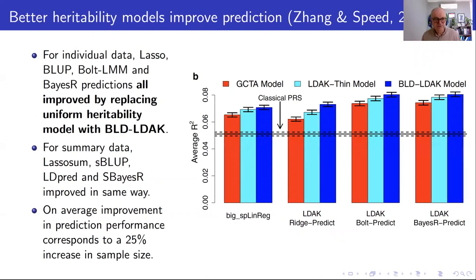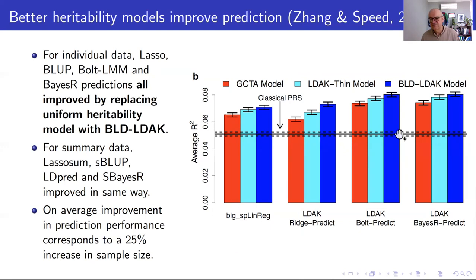And what can you do with these improved heritability models? Well, here's a recent paper from Zhang and Speed in Nature Communications, just come out. The line in the middle represents the predictive performance of a typical kind of PRS in predicting a number of phenotypes. They looked at both individual genome data prediction and summary statistic prediction.